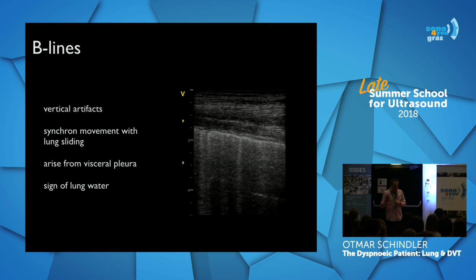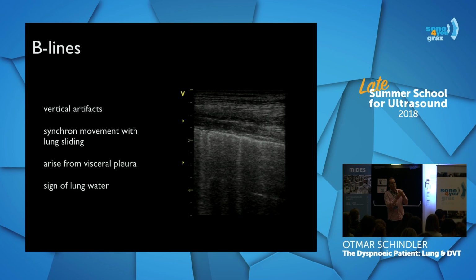The second thing I want to tell you, and most of you might know it, is the B lines. What are the B lines? The B lines are just an artifact that arises at the moment where there is a heavy change of impedance. So the ultrasound beam is entering the thorax, and usually it's absorbed in the moment where it's rejected, the moment where it contacts with the air.